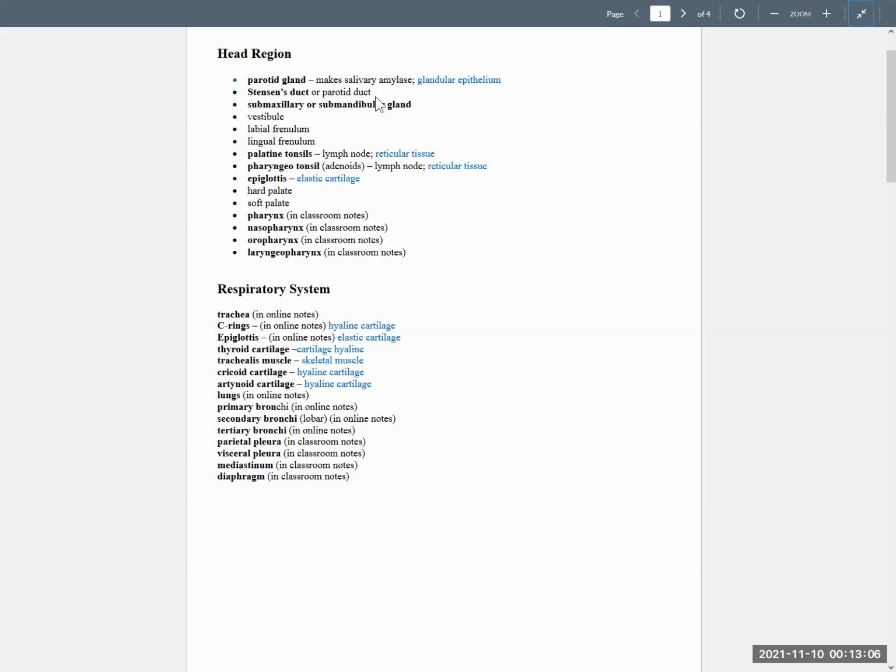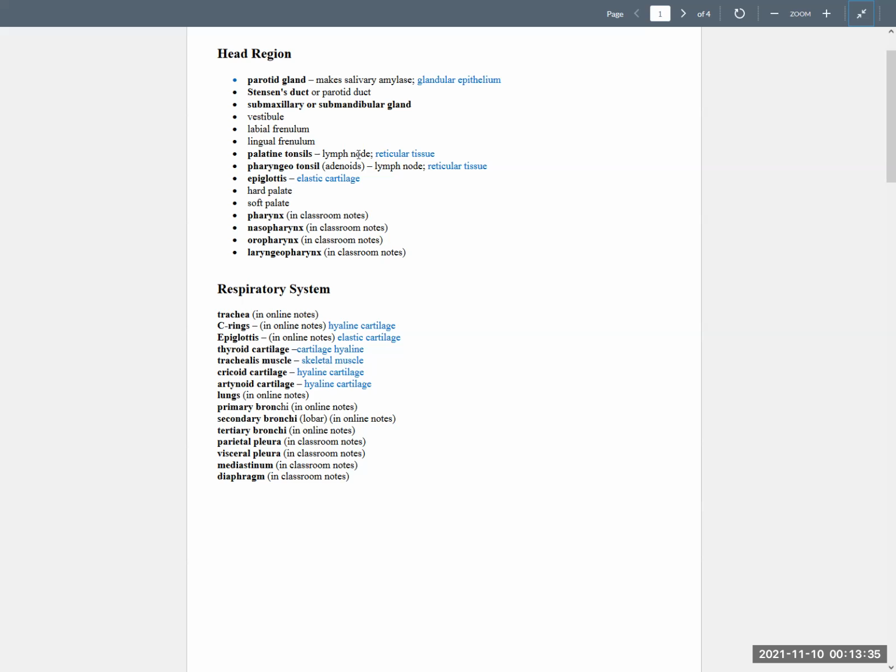Some I don't have anything for. That's usually because it's made up of many tissues, and it would be confusing to list them here rather than talk about them in the classroom, which we will do. All of this is going to get covered. The palatine tonsils are what we call lymph nodes. And the lymph node is really like a chamber.